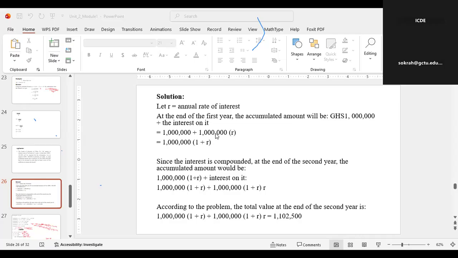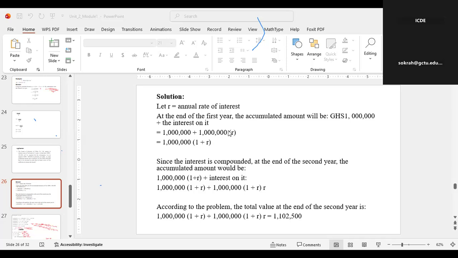Plus, we will now calculate the simple interest for the first year and add it to the principal. So that is the plus. Now let's calculate the simple interest for the first year. The simple interest is the principal multiplied by the duration.